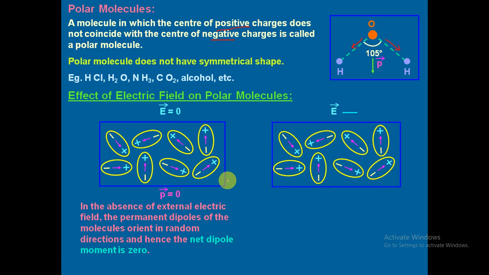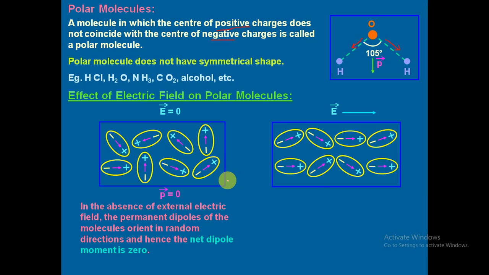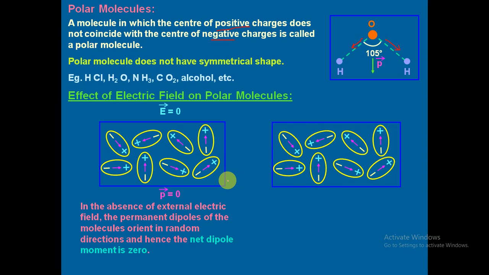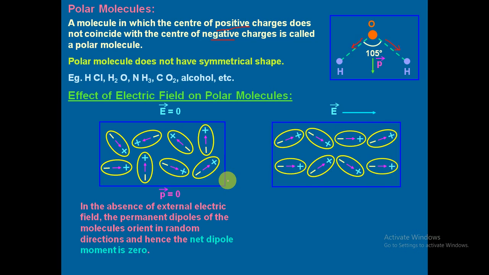Now, if we apply some electric field, you see initially the dipoles are randomly oriented, and when we apply the electric field, they align themselves in this way.